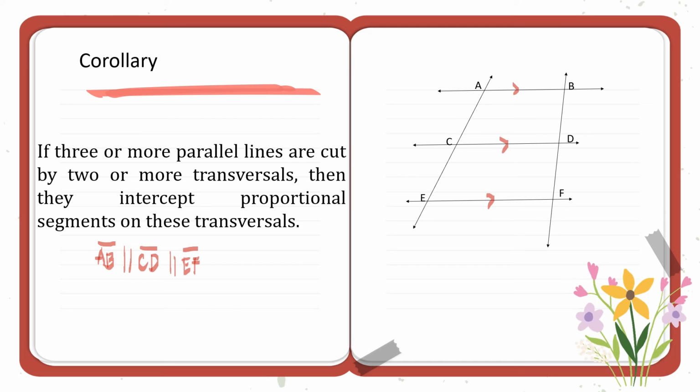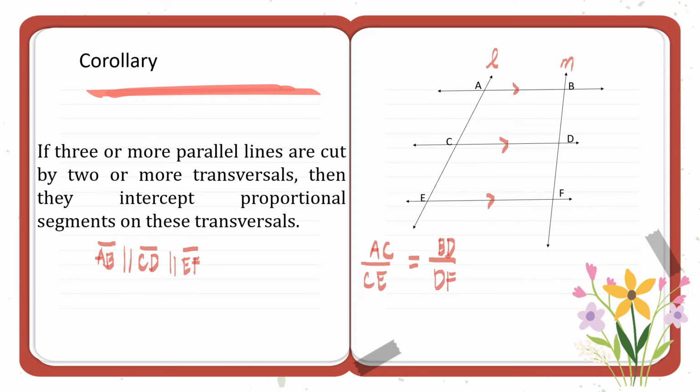Or let's say this is L and this is M. So therefore, we can say that they intercept proportional segments on these transversals. So we can form proportions from this figure. We can say that AC over CE is equal to BD over DF.